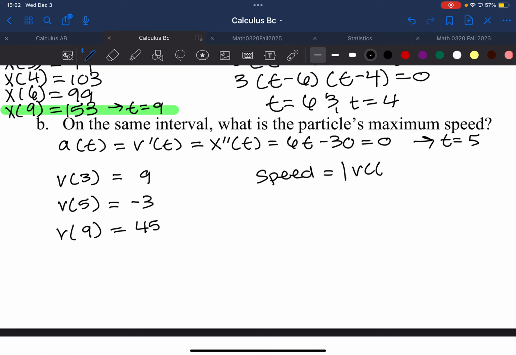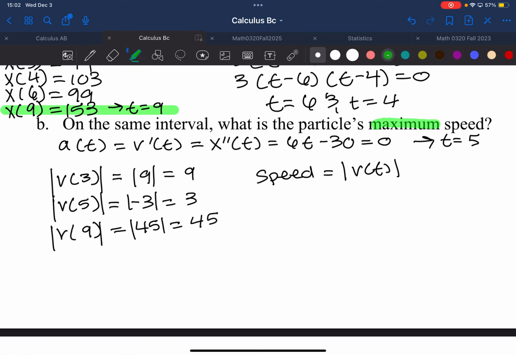Absolute value of velocity. So really, we're taking the absolute value of each of these, which is going to turn them all positive if they're not already positive. And since we want the maximum speed, we're going to look for the largest number, and that's going to be what? 45. So our maximum speed is 45, what? What's the units? Centimeters per second. Centimeters per second. That's our answer.